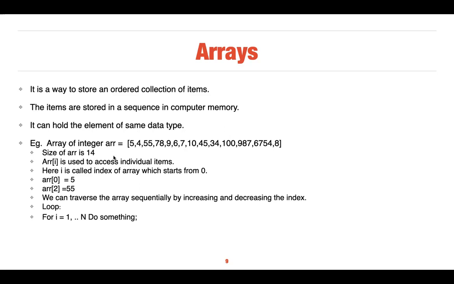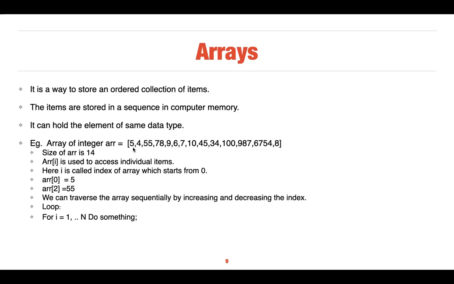If we want to access the elements of the array, we have to use some index. Generally we use i as the index, though we can take any alphabet. So we use ARR of i. That is the way to access individual items in arrays. In most languages, the index starts from 0.